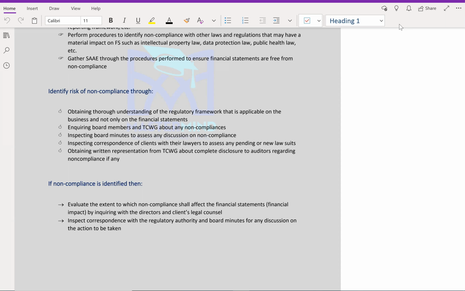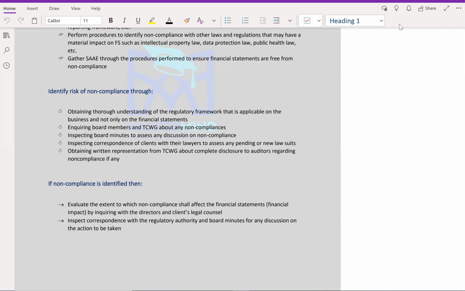The legal expenses need to be vouched 100%, which is test of details. You need to perform TODs on the legal expenses 100%. In test of details, you test the details for truth and fairness, correctness and accuracy, all your assertions basically.